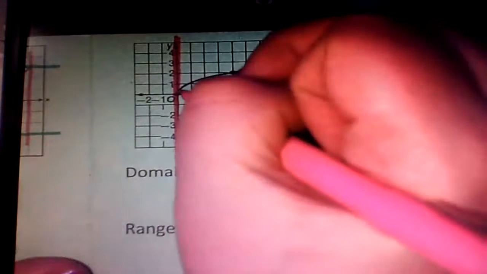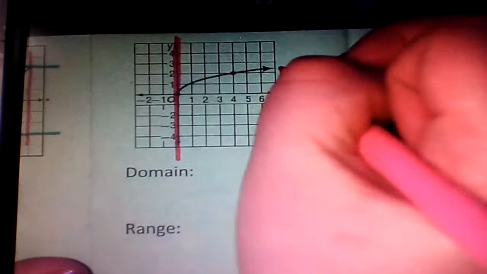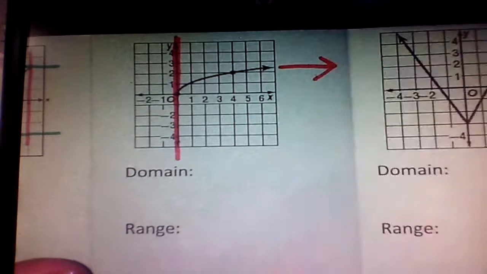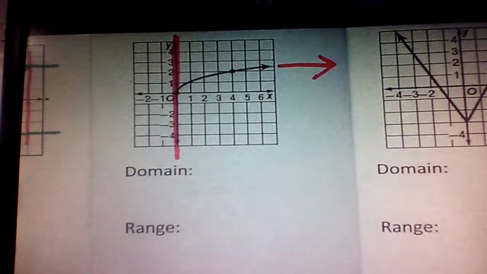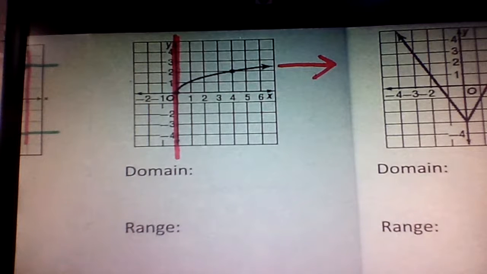But as I follow it to the right, it's going to continue going. It does not stop. So you don't have restrictions on both sides. You only have restrictions on the left.